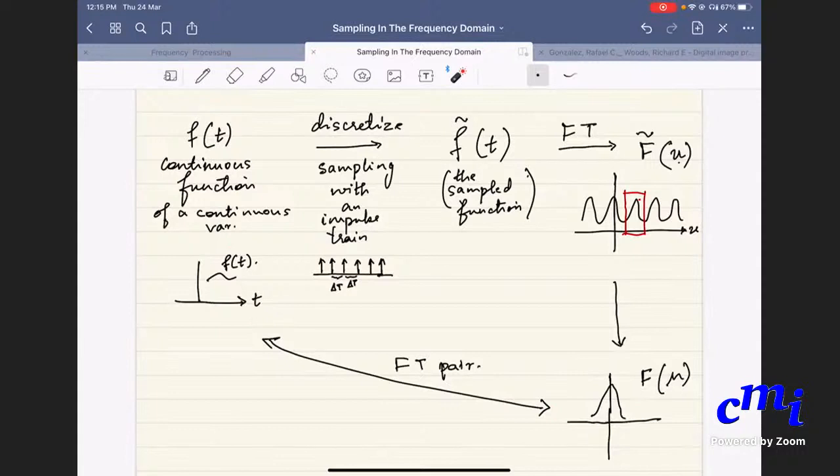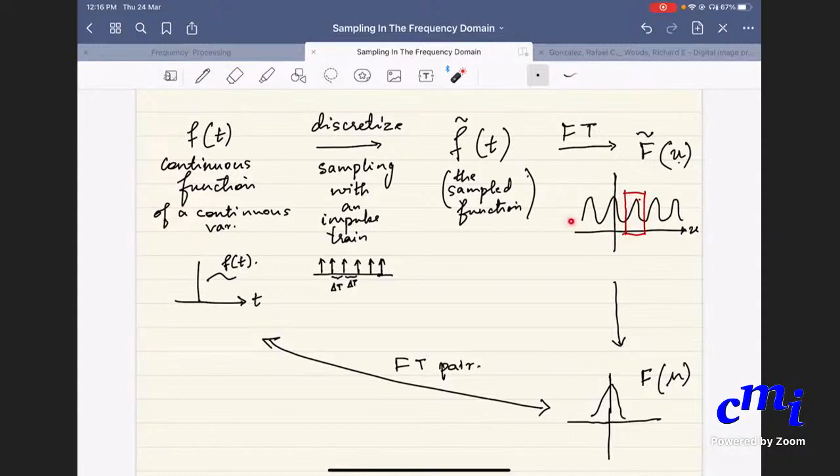So in theory, if you know f tilde, you can recover f perfectly. In practice, one of the important conditions is that it should be possible to pick out an entire period like this.